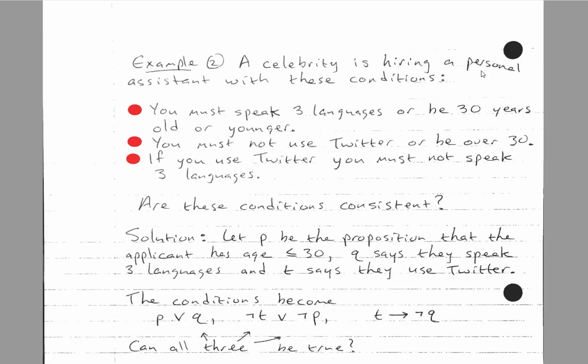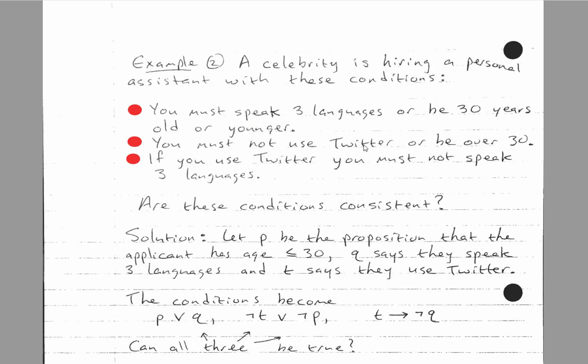Suppose a celebrity is hiring a personal assistant. Well, they have these conditions. You must speak 3 languages or be 30 years old or younger. So either you speak 3 languages or you're younger than 30.